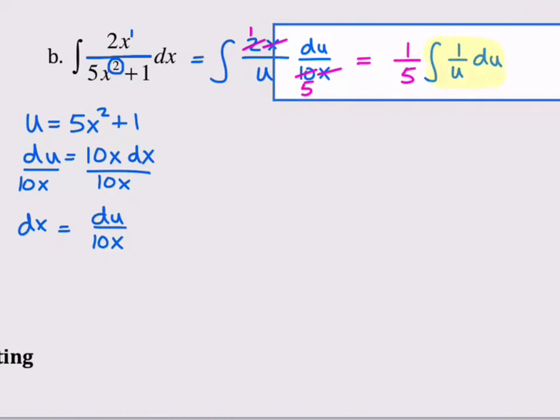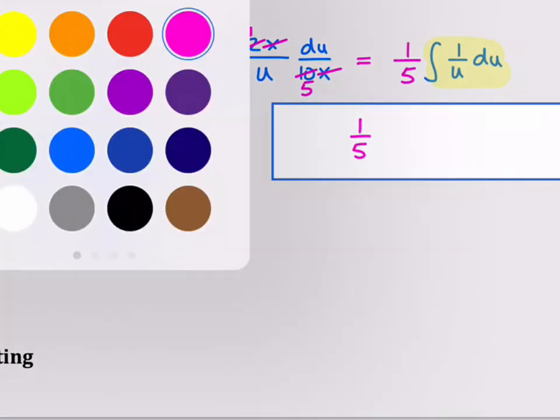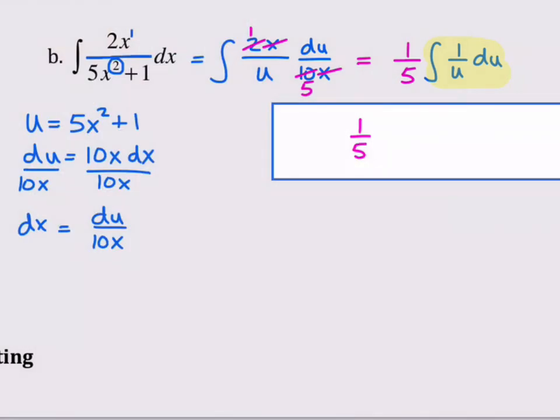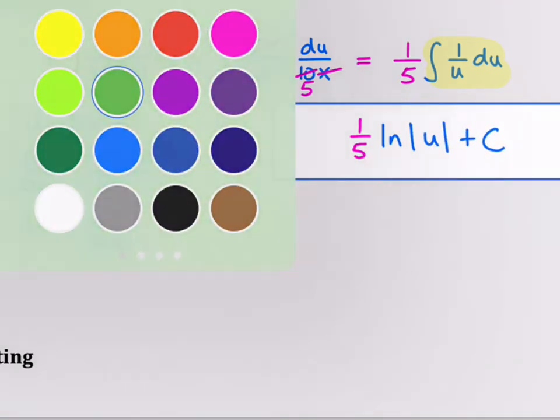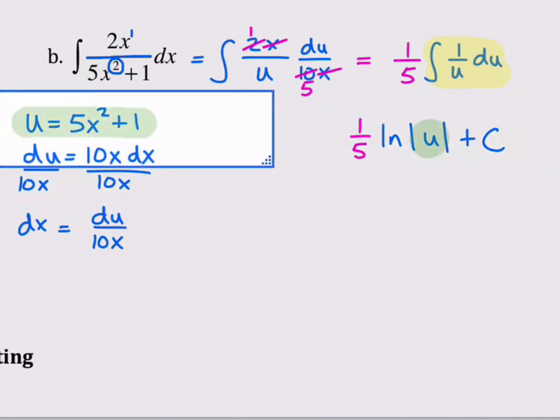All right, well, this is exactly our rule, so we're going to keep the 1 over 5, and the antiderivative of 1 over u du is going to be the natural log, absolute value of u, and then plus c. And then what we're going to do is go ahead and just back substitute for u, which was right here, 5x squared plus 1.